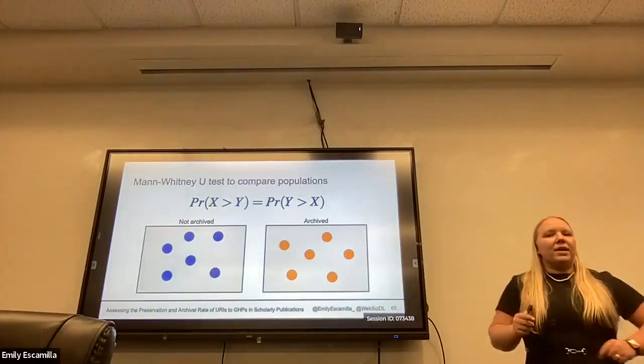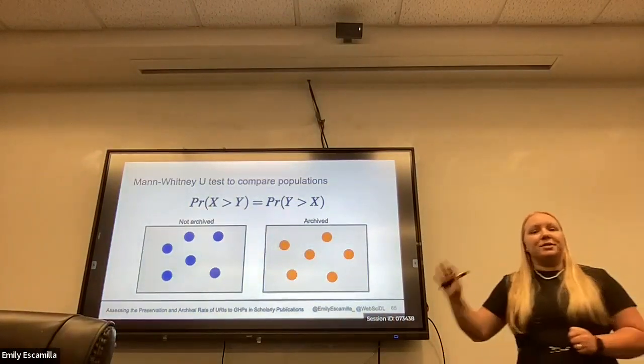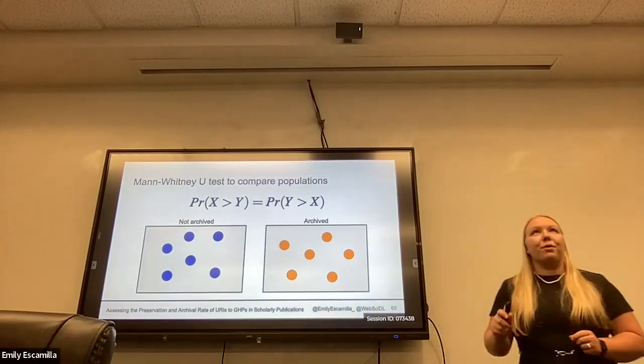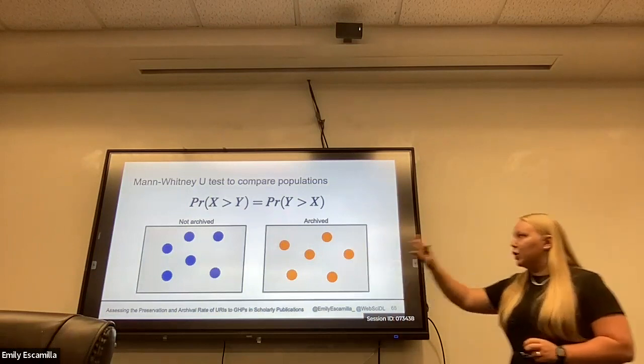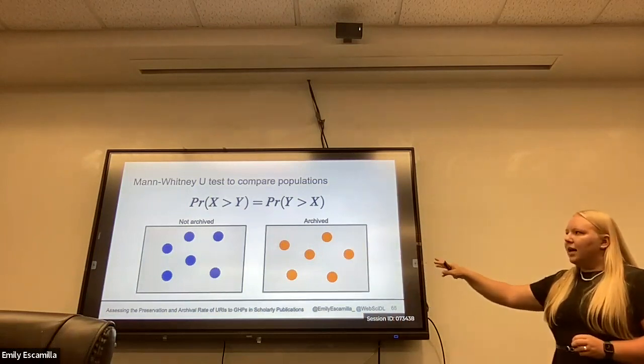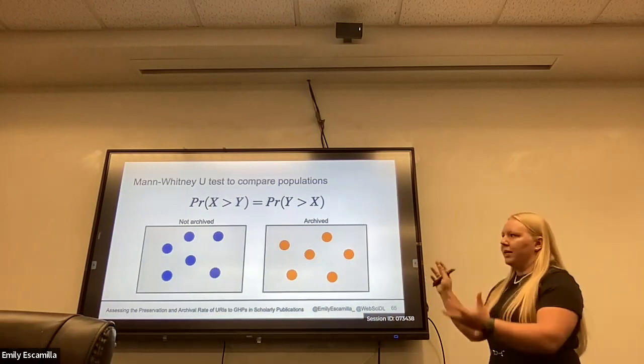So we used a Mann-Whitney U-test to compare these two populations. And essentially, the Mann-Whitney U-test says that the probability of an item from one population being greater than the value from another population is equal to that of the swapped case.